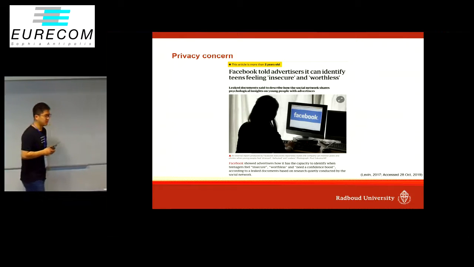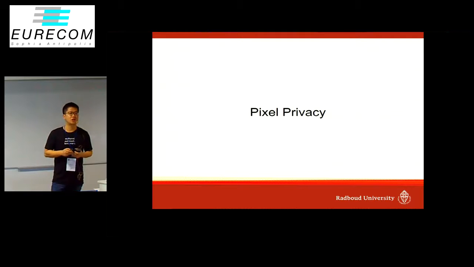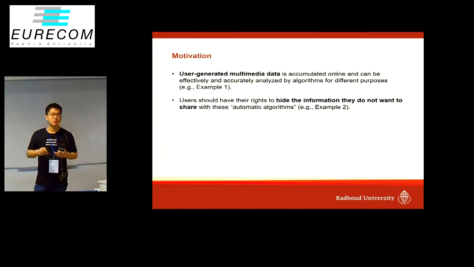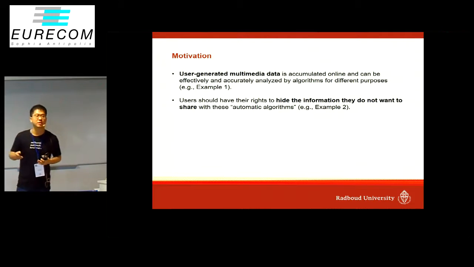Due to tons of reasons like this, we launched the pixel privacy task last year. We have mainly two motivations. First is that images, like social media data, are accumulated online, which means they can be effectively and accurately analyzed by automatic algorithms.